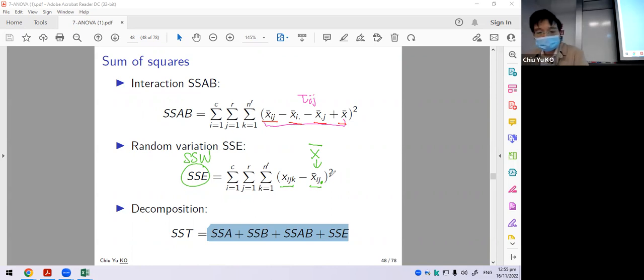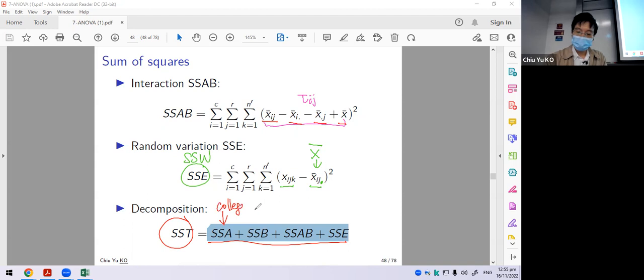And it turns out, which may not be surprising, the overall variation is equal to the sum of four of them. So this is coming from the college impact, and this is faculty, and this is college plus faculty, the interaction, and this is random error.